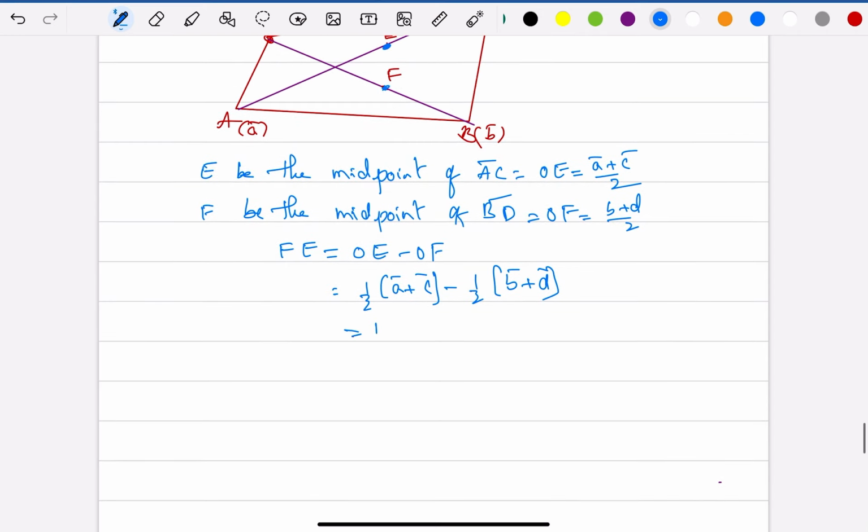So if you take half common, what you get is half of A plus C minus B minus D vector, and consider this as equation number 1.